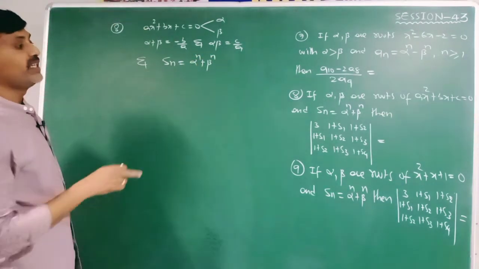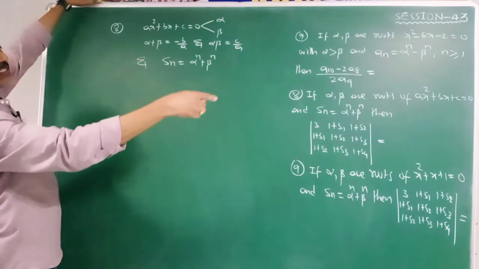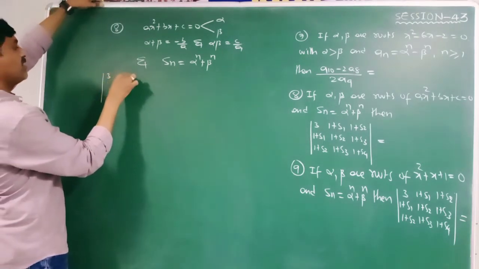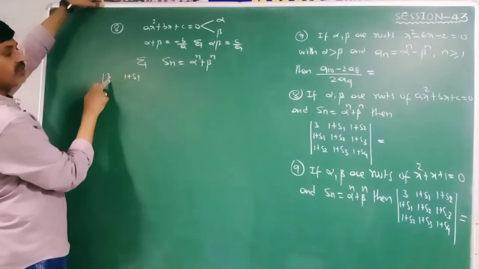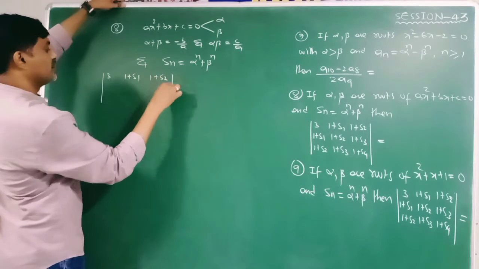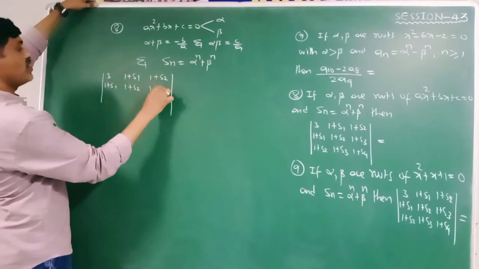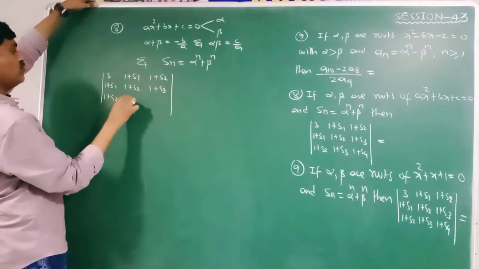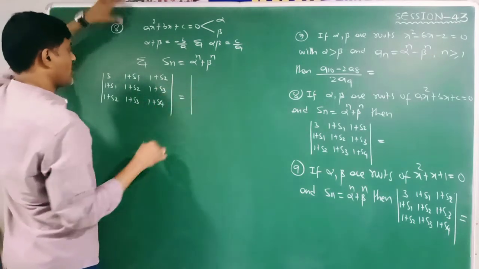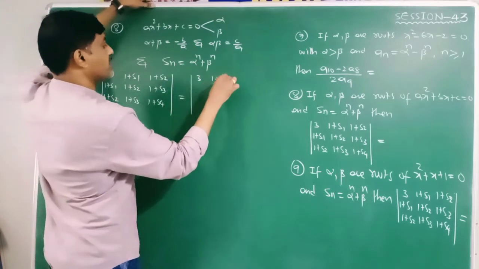Then we have to find the determinant with first row 3, 1 plus s1, 1 plus s2, second row 1 plus s1, 1 plus s2, 1 plus s3, and third row 1 plus s2, 1 plus s3, 1 plus s4.